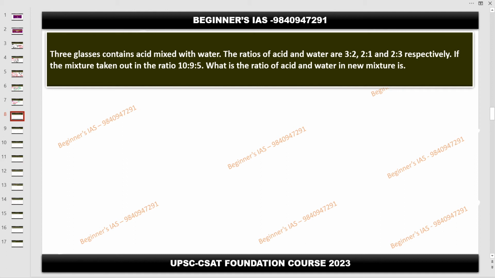So this class is the last class with respect to ratio and proportion. What is the second test portion? What are the portions we have completed so far? Percentage, then profit and loss.